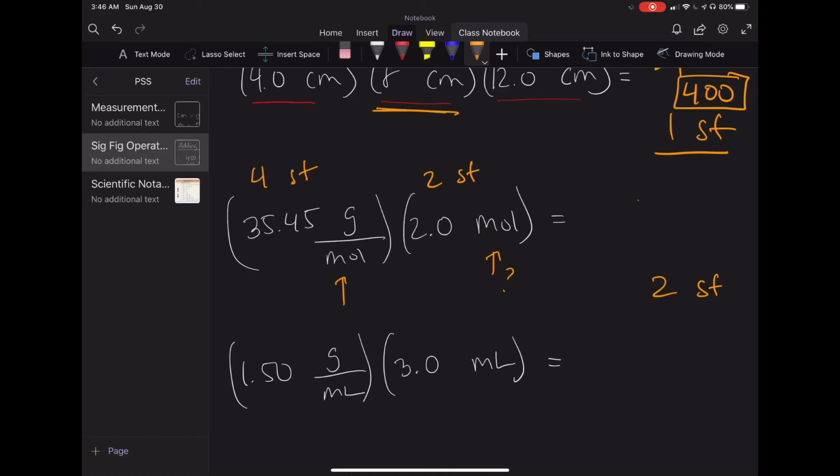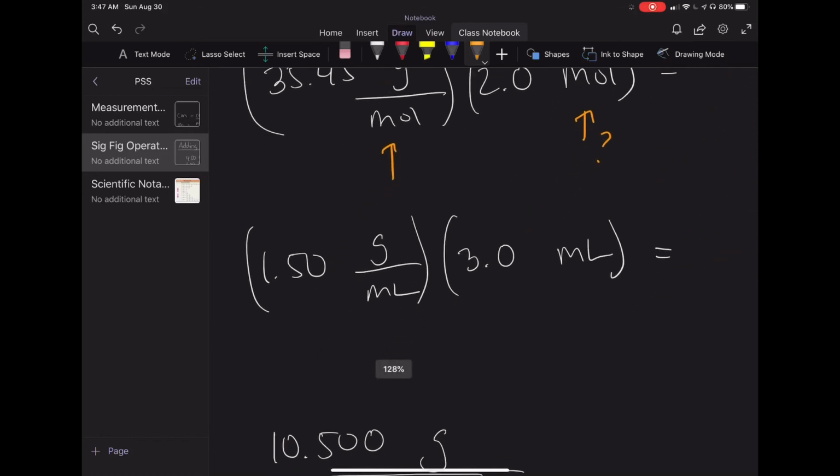Our calculator tells us 70.9, but we need to round that to just 2 sig figs. So we need to round to the ones place. We're going to look at the 9, which tells us to round up. So we're going to round to 71. And again, I'm not worrying about the units for this video. I'm just focusing on the numerical values.